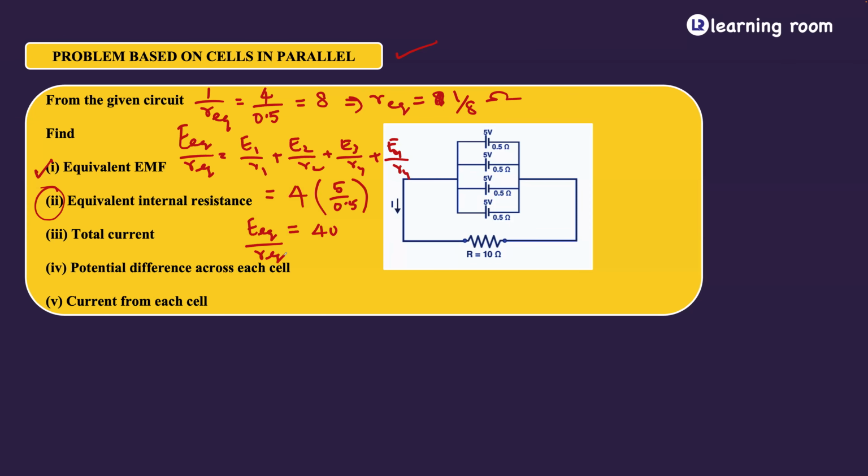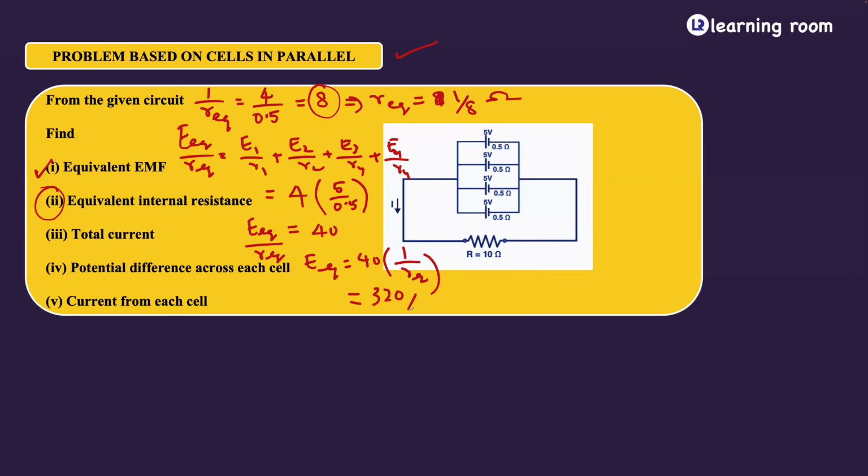So what is the value of R equivalent if you go to the other side? You have 1 by 8. So E equivalent will be equal to 40 into 1 divided by R equivalent. 1 by R equivalent is how much? 8. Yeah, 1 by R equivalent is going to be 8.